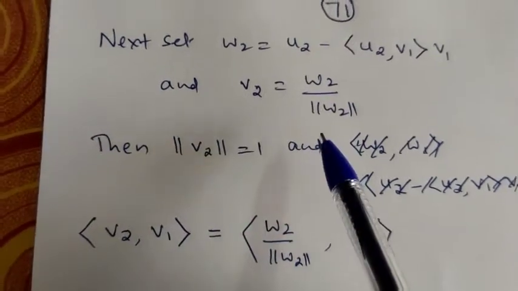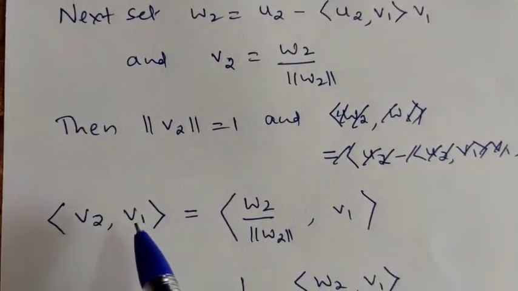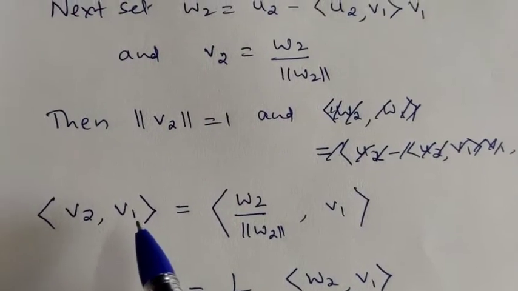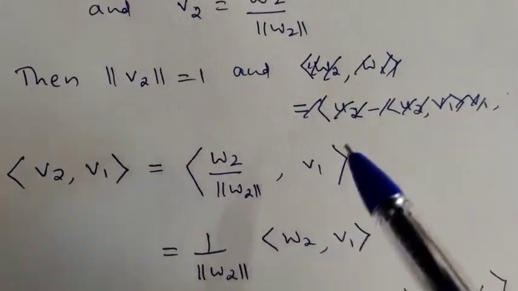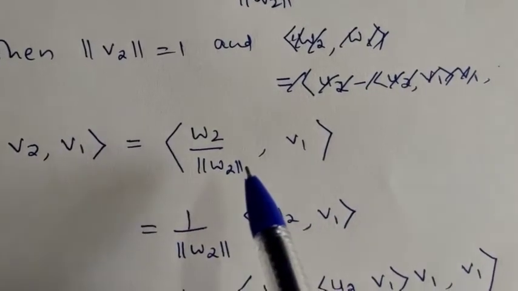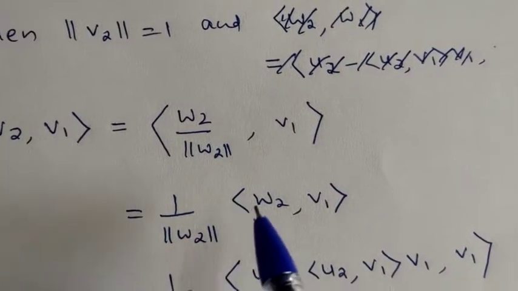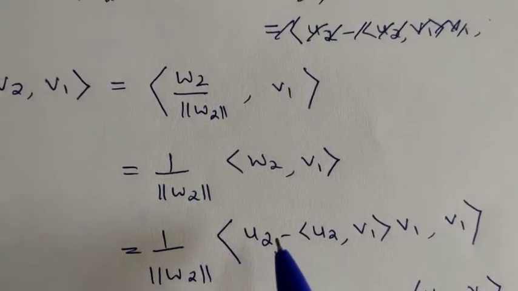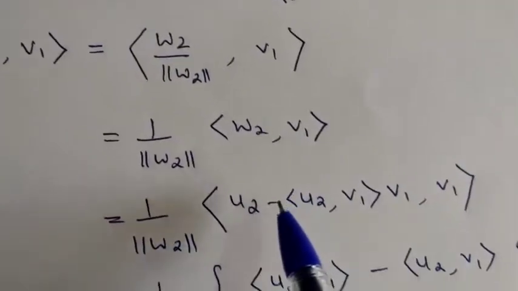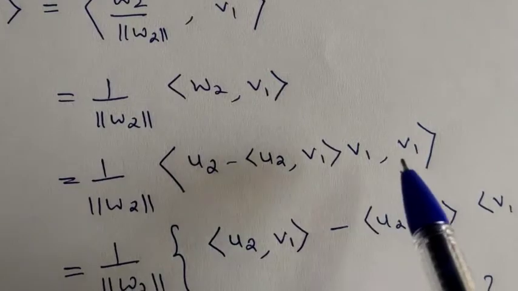If you construct it like this, then consider the inner product of v2 comma v1. v2 is w2 by norm of w2, comma v1. The norm of w2 is a scalar that can be taken out, giving 1 by norm of w2 into the inner product of w2 comma v1. What is w2? w2 is u2 minus the inner product of u2 comma v1 into v1.